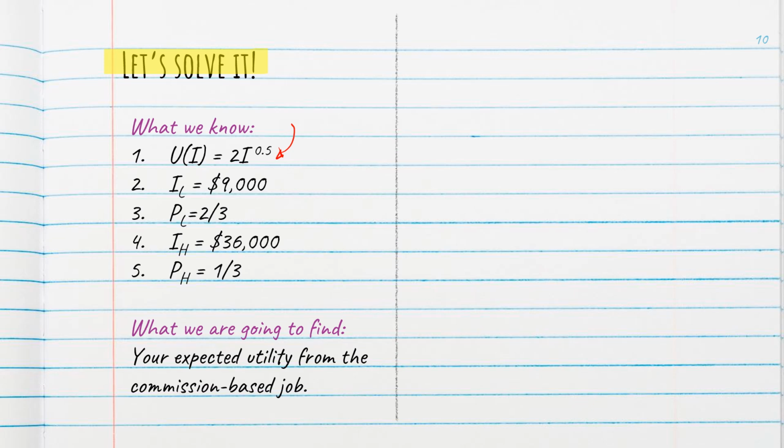So just to make things really clear, I'm going to restate that IL, once we want to plug it into our utility function, is really equal to 9, and that IH is really equal to 36. Then we can apply our formula for the expected utility.